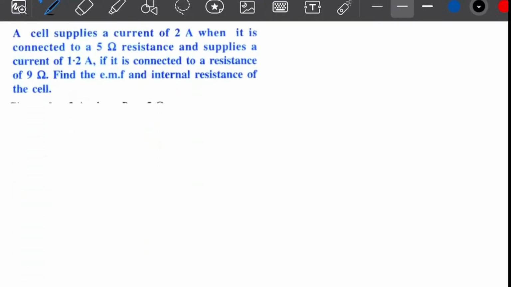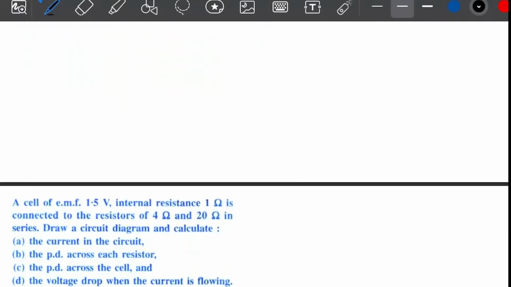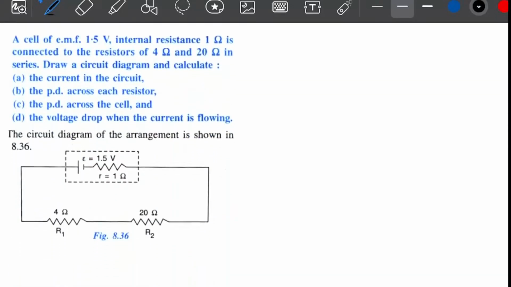There is one more somewhat similar question, and this could be used as homework for you. You can solve this question and make an attempt on your own. This is a very simple question. Let's jump to the next question, which is a little bit tricky, not exactly tricky, but a practical question from this very concept.